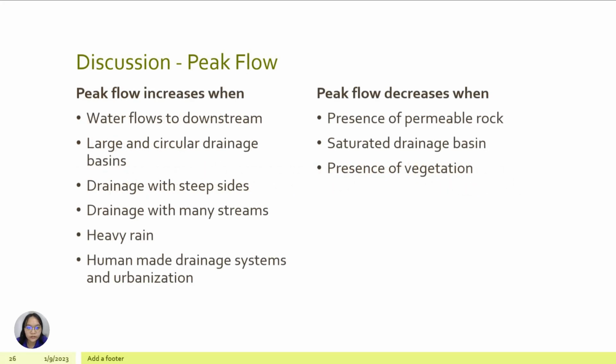Peak flow increases when water flows downstream, with a large and circular drainage basin, drainage with steep sides, drainage with many streams, heavy rain, and human-made drainage systems and urbanization, while peak flow decreases with the presence of permeable rock, a saturated drainage basin, and vegetation.